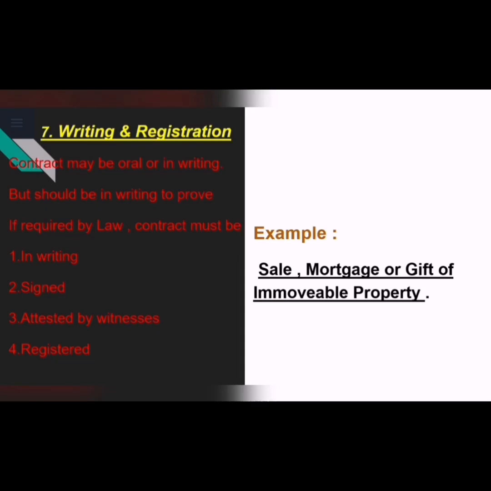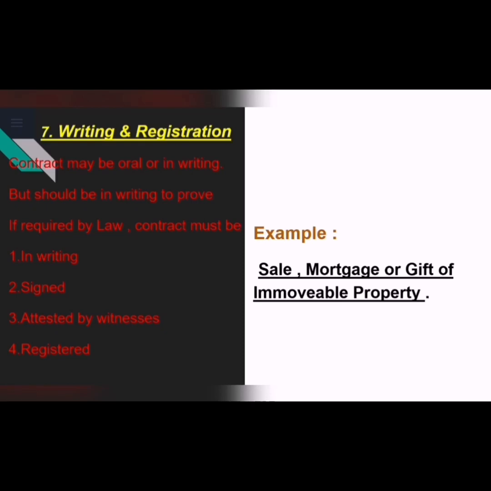Another essential regarding Contract Act 1872, that is writing and registration. Contract may be oral or in writing, but there are certain contracts which should be in writing and should be registered through proper process. Contract may be oral or in writing.